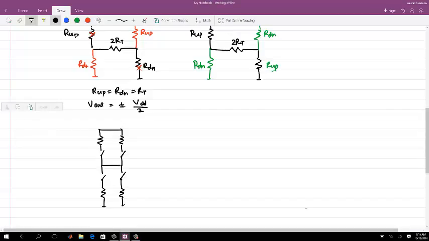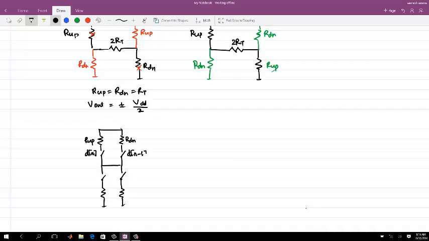So let's say this is R up, this is R down, this is D of n, this one is D of n minus 1 bar, you have D of n bar, D of n minus 1, and this one is, so this is R up, this one is R down, and I have RT.